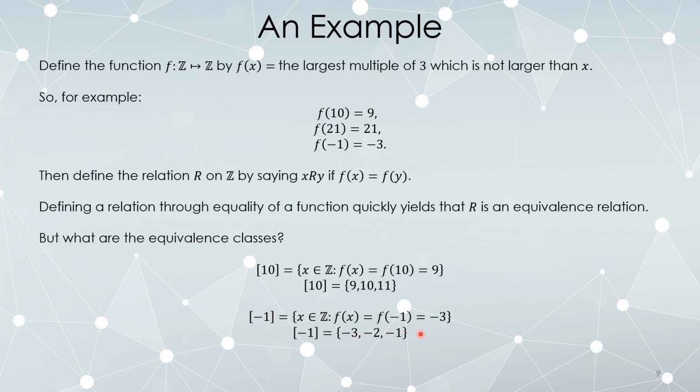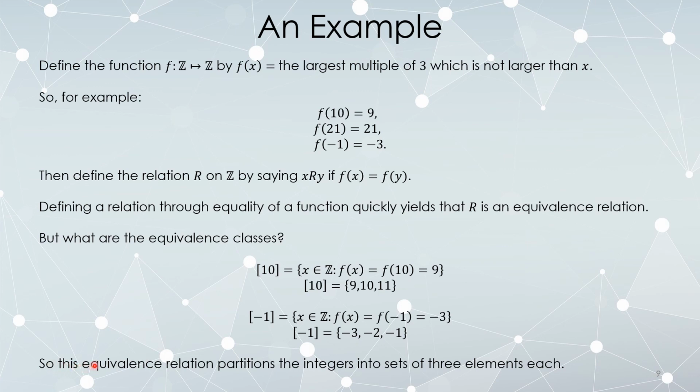If I start counting up and I hit 0, well, the largest multiple of 3 not bigger than 0 is 0 itself, not the same thing, not -3. If I go down to -4, the largest multiple of 3 not bigger than -4 would be -6, not -3. So these are the three numbers and the only three numbers so that f of x equals -3.